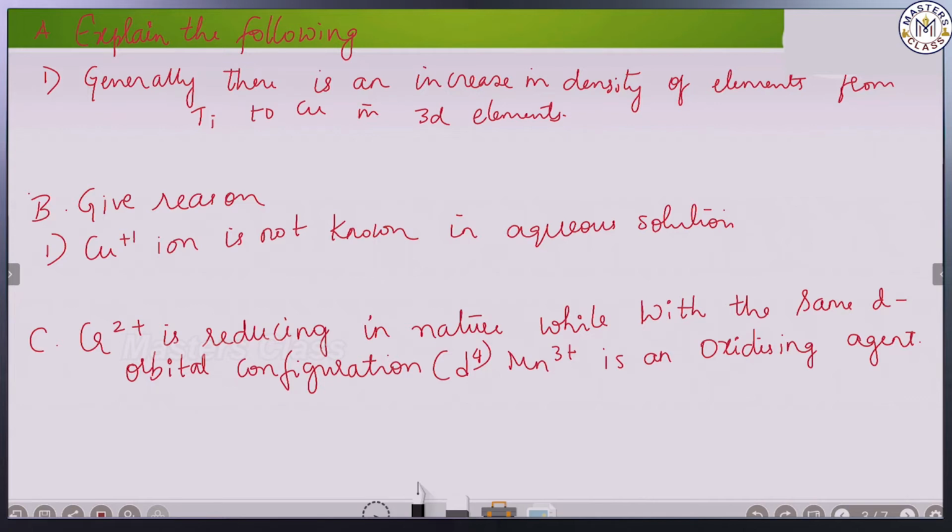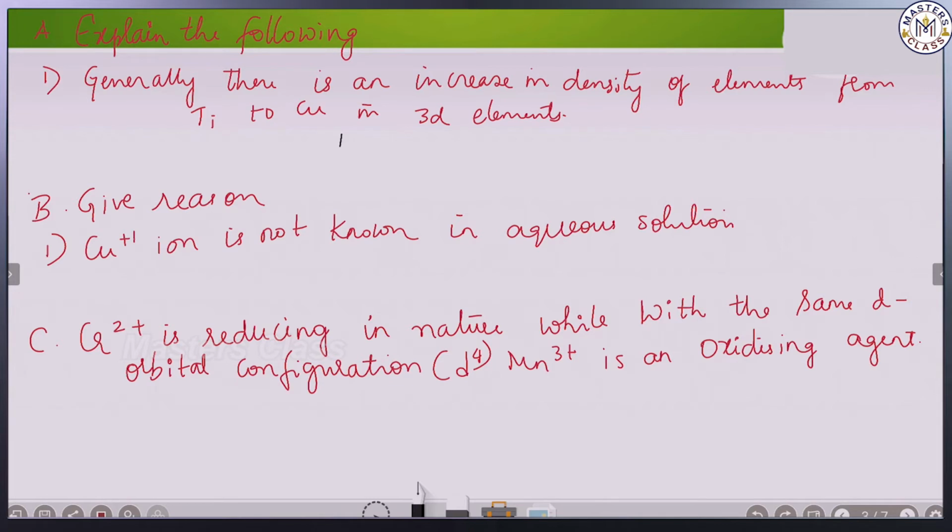The more the number of atoms, the more the density. So you can write that from titanium to copper, the atomic size decreases and more atoms can be added in the given volume, so mass will increase and as a result density will increase.